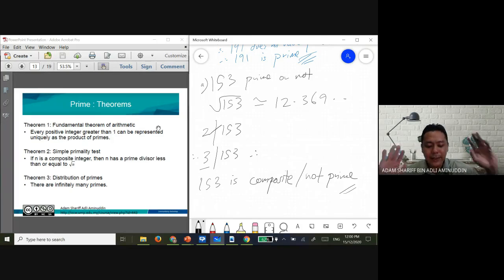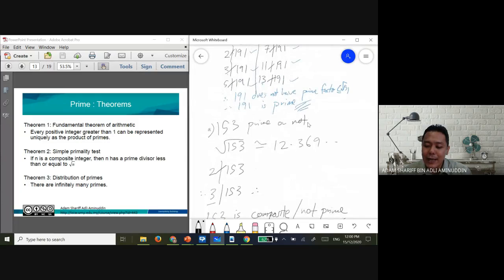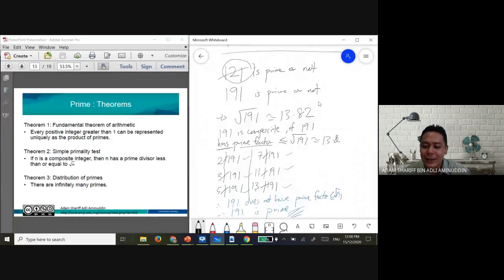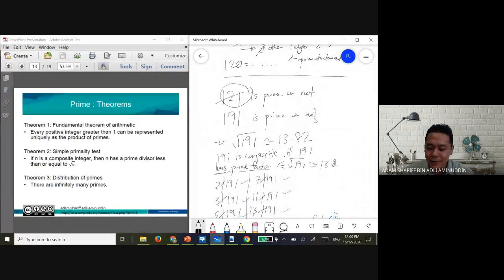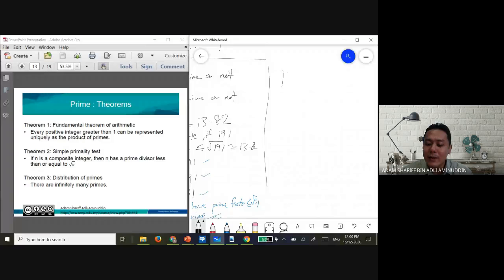So, this is what we call a primality test. So after this, now that you have this knowledge, you can also check whether 121 is prime or not. You can all actually check it. 121, is it prime or not?